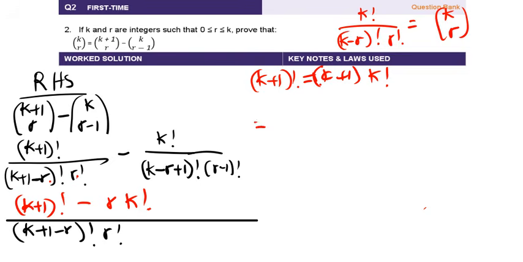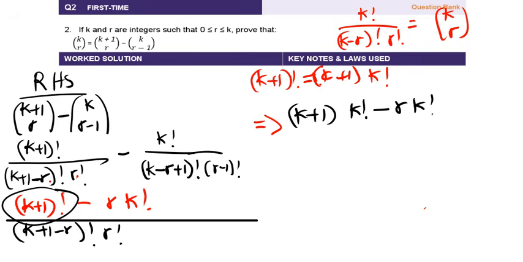Okay, I think I'll continue from here. So now this is going to be replaced by k plus 1 times k factorial minus r k factorial. We divide this by, again, if we look at something common, we can clearly see that the down part we can also reduce it. So I'll use this part, k plus 1 minus r factorial.